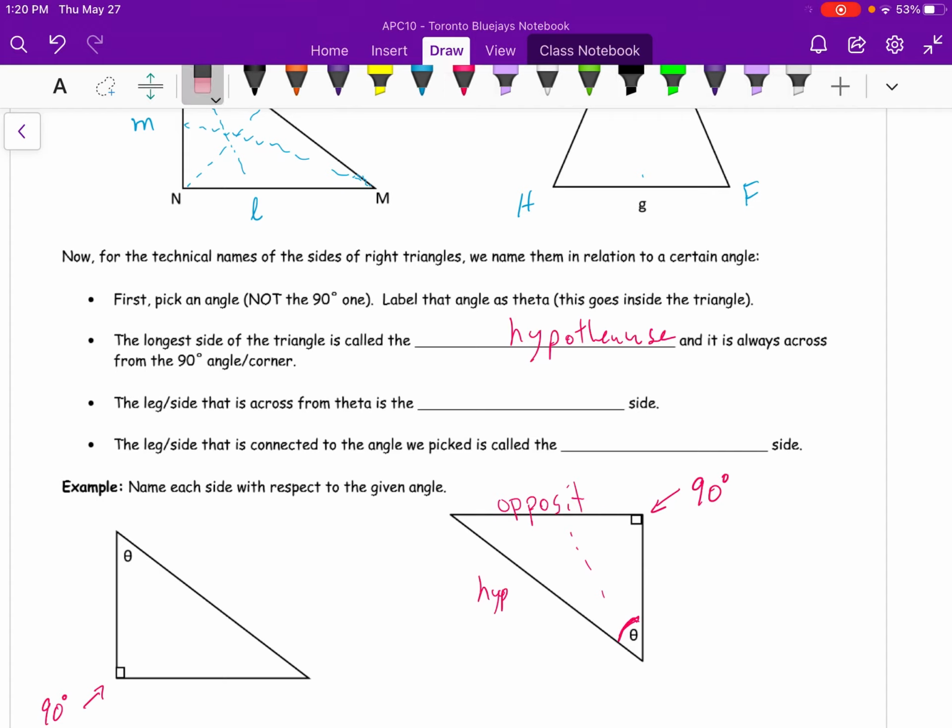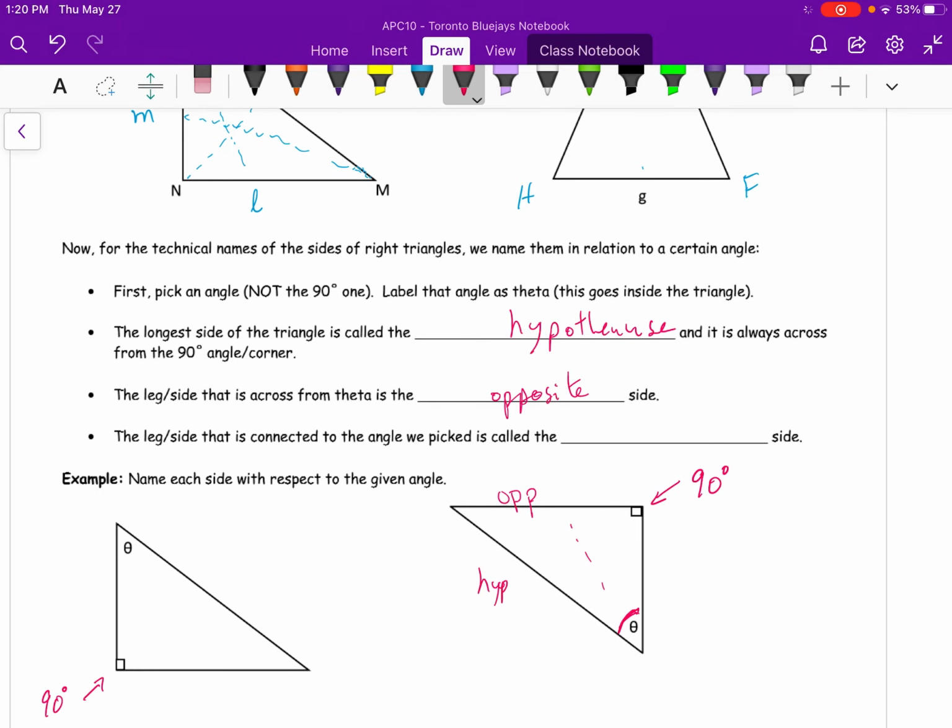And you'll often see instead of opposite, I just write OPP. Now, well, that was fairly easy. The leg or the side that is connected to the angle that we pick. So if this is theta, what is the last side called? Well, the last side is actually called the adjacent.